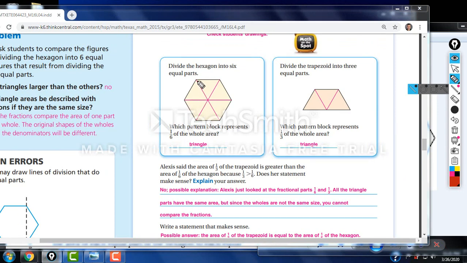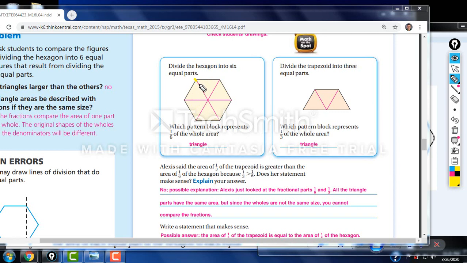So now I get a new shape. Let's see, I'll get a different color. I'm going to divide it into thirds. Here's 1. There's another rhombus, and here's another rhombus. Let me draw that with different colors so you can see it.